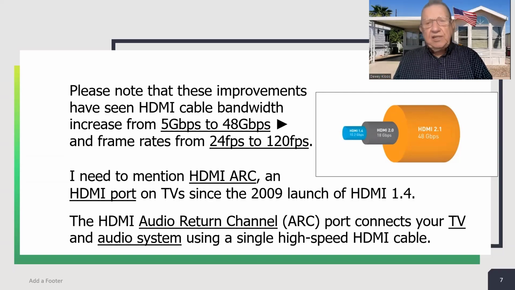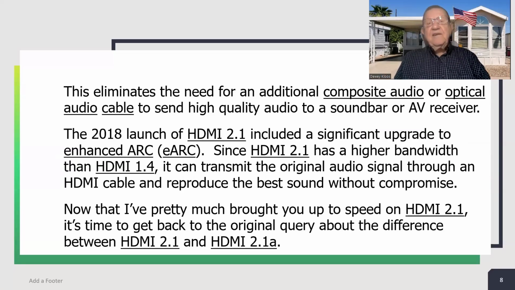Now, one clarification here. Remember, HDMI ports on your TVs are essentially inputs, but the audio return channel outputs on the same cable an audio signal to your external devices like your audio system or soundbar. This eliminates the need for an additional composite audio or optical audio cable to send this high-quality audio to a soundbar or AV receiver.